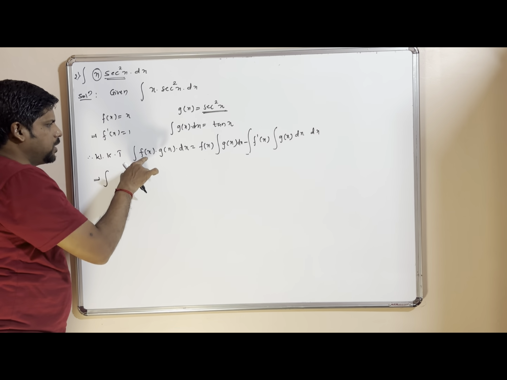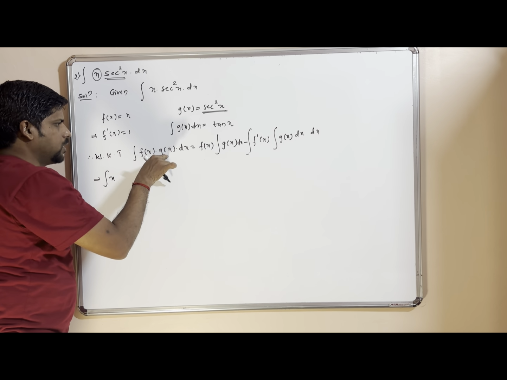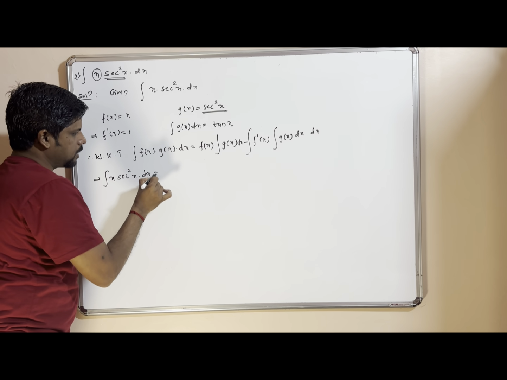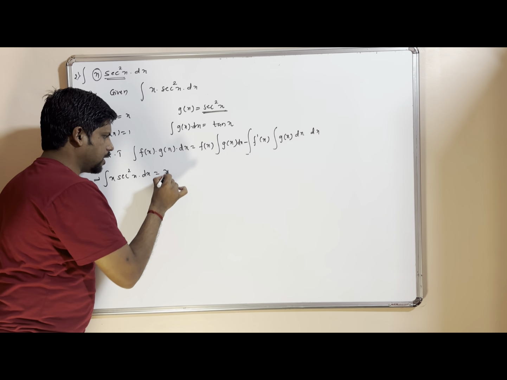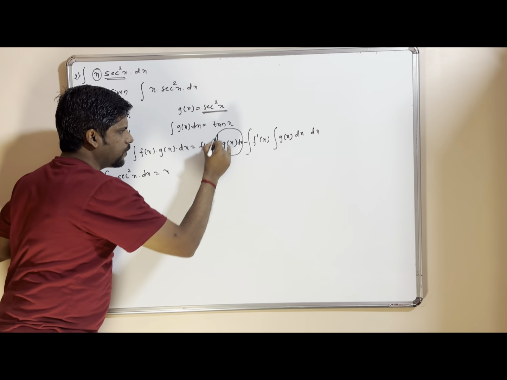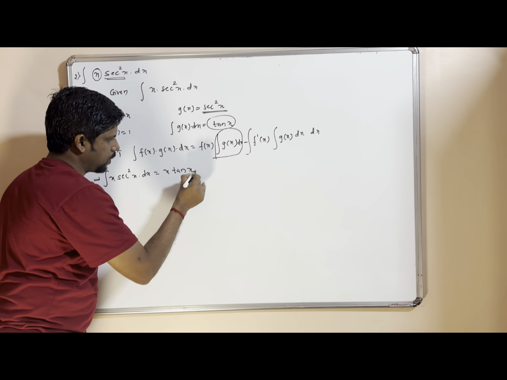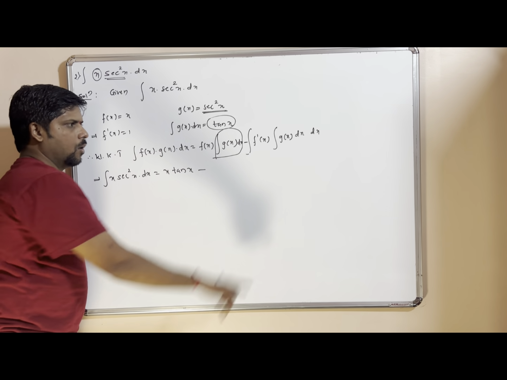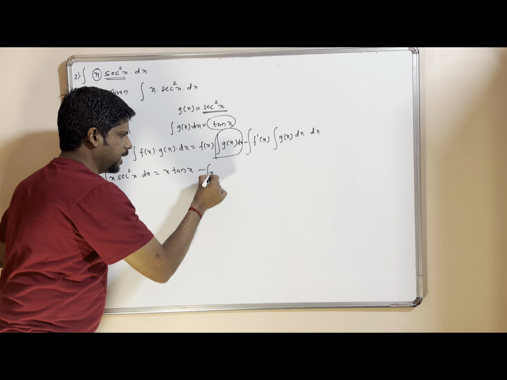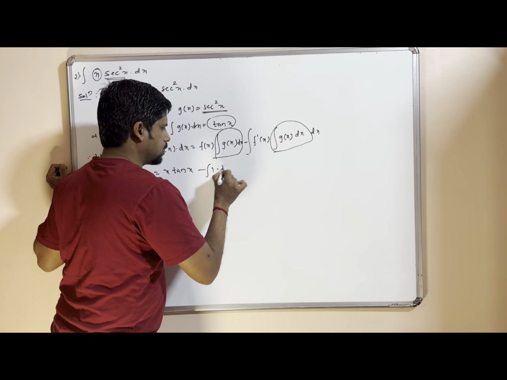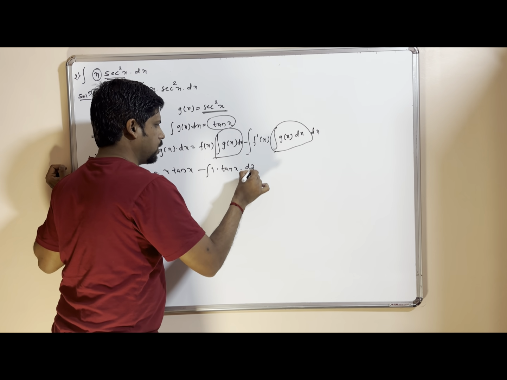Here integration of, what is f of x here? x. What is g of x? Sec square x into dx is equal to f of x, which is x, integration of g of x into dx is tan x, minus, what is f dash of x? 1. So integration of 1 into this, which is nothing but tan x, into dx.